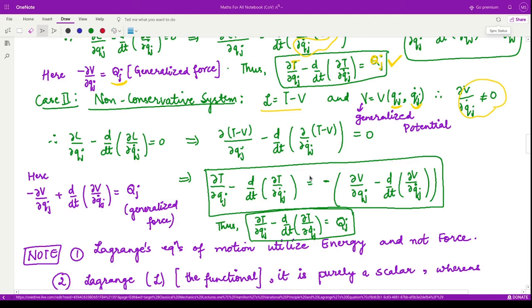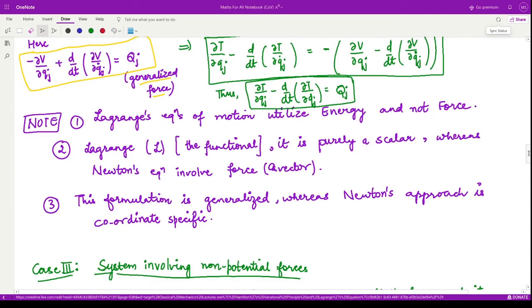Therefore, while substituting the value of L over here, we have T minus V. Solving this and shifting all the T quantities to the left and V quantities to the right, this whole term is termed as Qj, where Qj is the generalized force. So one should remember this equation when the system is non-conservative.